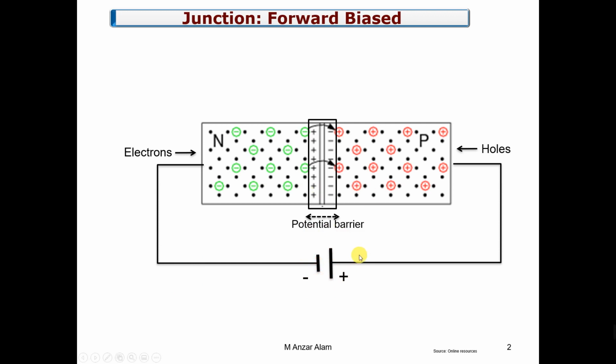We know that the PN junction has a potential barrier. For silicon, it is 0.7 volt.